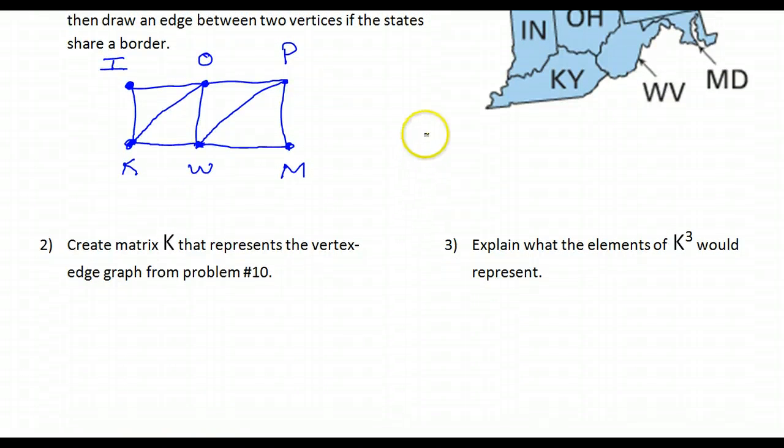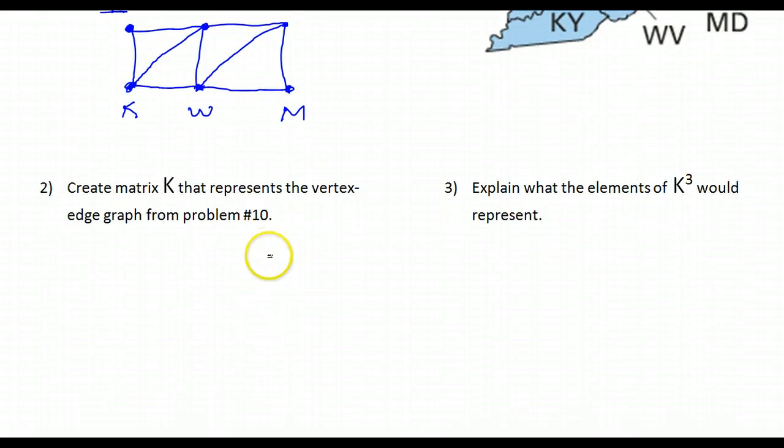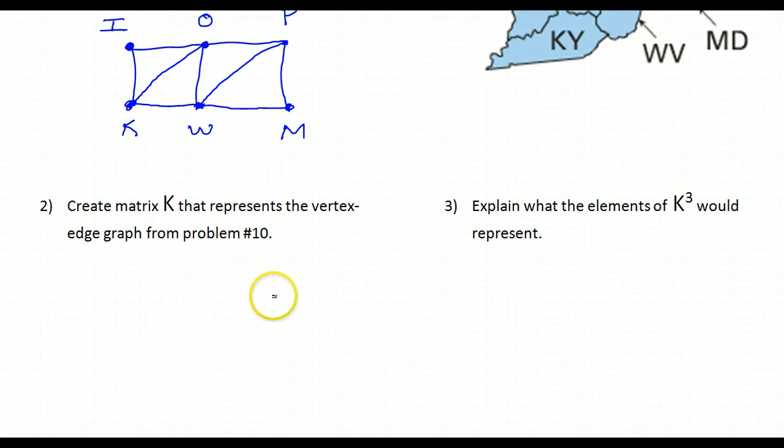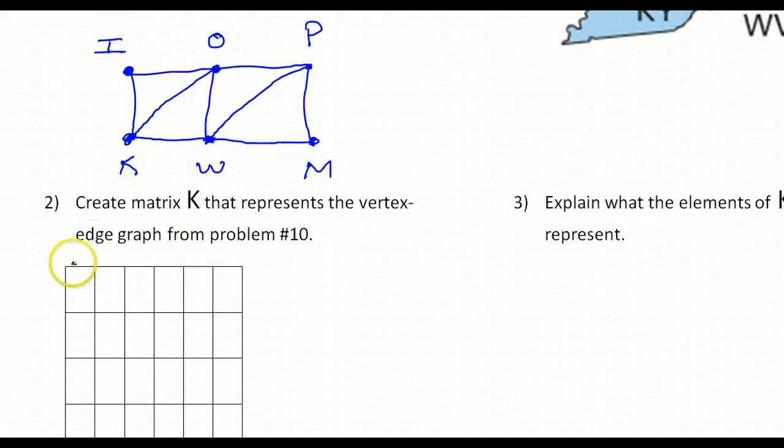Now, for number 2, we're supposed to make matrix K that represents this vertex edge graph. So what you do is you make a matrix. These are 6 vertices, so we're going to have to do 6 by 6. The order of the letters doesn't matter, but across the top you're going to put all of the vertices.